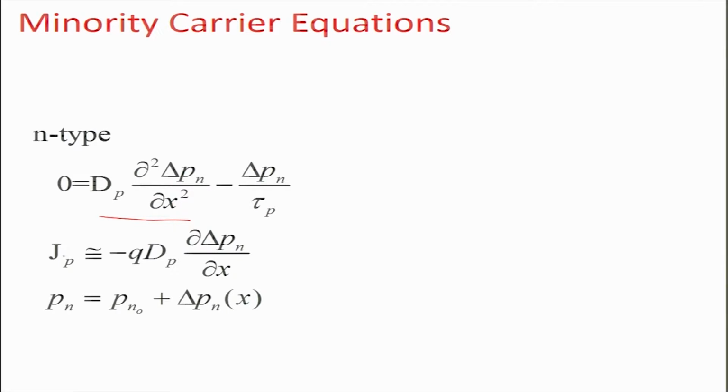And we know that the hole current in this case is minus q Dp del delta Pn by del x, and Pn, which is the minority carrier concentration at a distance x, is equal to Pn naught plus some delta Pn, that is the perturbation, the change in the minority carrier concentration as a result of sweeping of carriers from one side to another side when you apply bias.